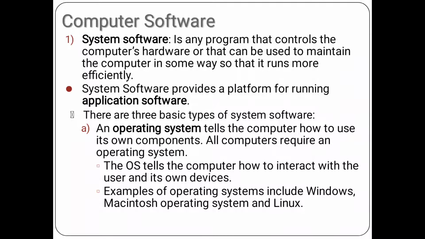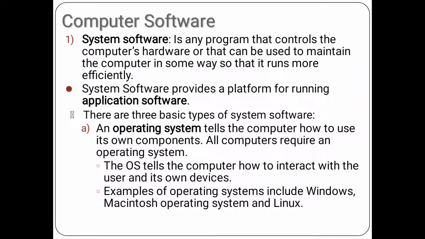System software is a program that controls the computer hardware or that can be used in maintaining the computer in the same way so that it runs more efficiently.